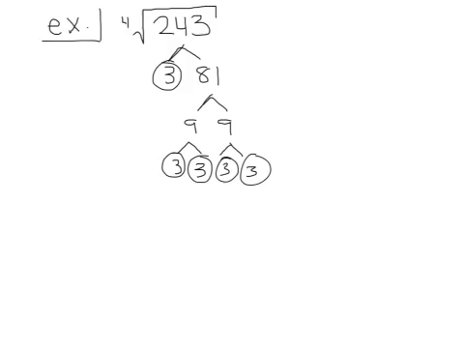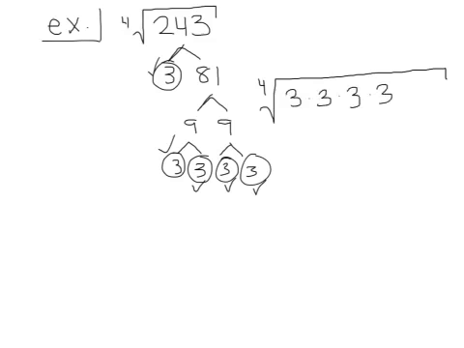For the sake of learning and notes, I'm going to rewrite this under the radical so you can clearly see how I'm bringing numbers to the outside. So I have 1, 2, 3, 4, 5 3s. So I have 3 times 3 times 3 times 3 times 3. That's the same thing as writing the 4th root of 243.